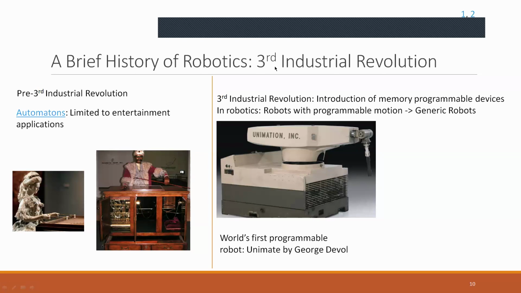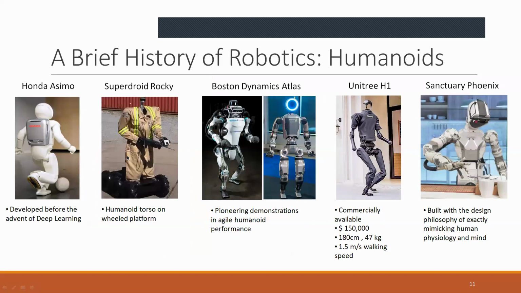In my opinion, robotics, not in my opinion, but as a fact, robotics really blew up after the third industrial revolution. And what we have today ubiquitously, at least in the manufacturing industry, are kind of grandchildren of the Unimate.